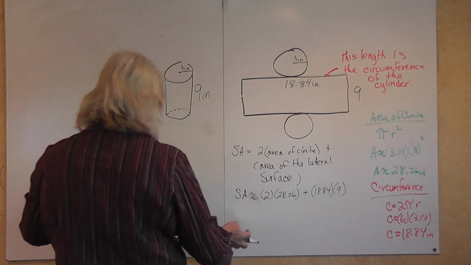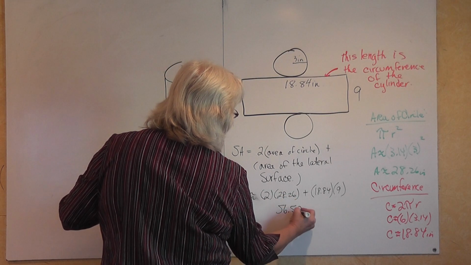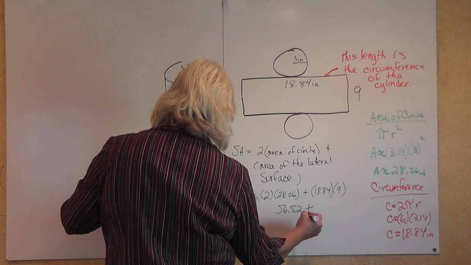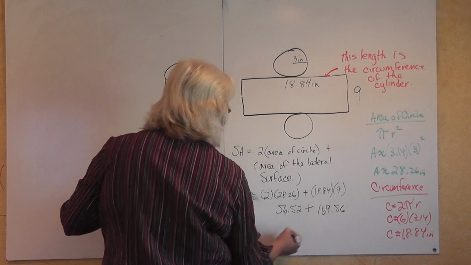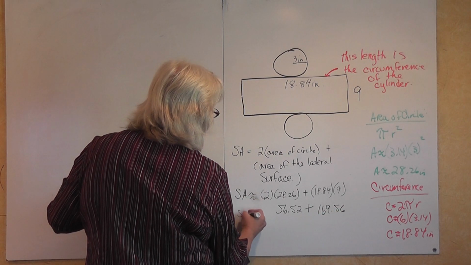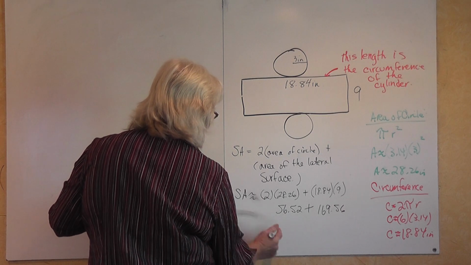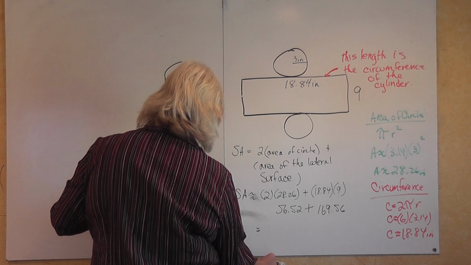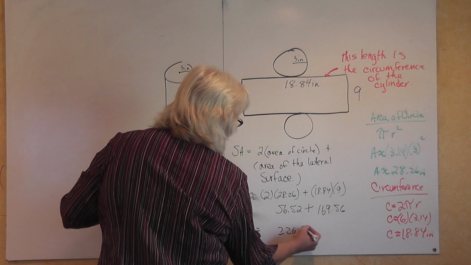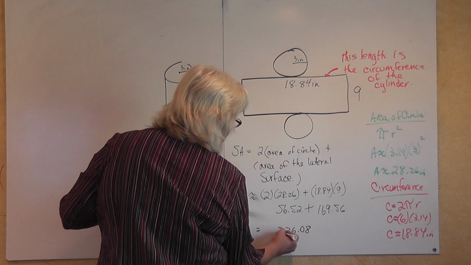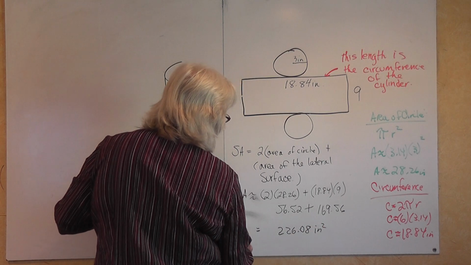You have 56.52 plus 169.56. So the surface area equals approximately 226.08, that's interesting, marker won't go there, 226.08 square inches.